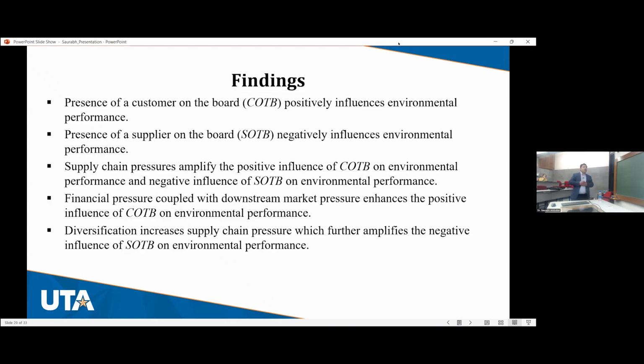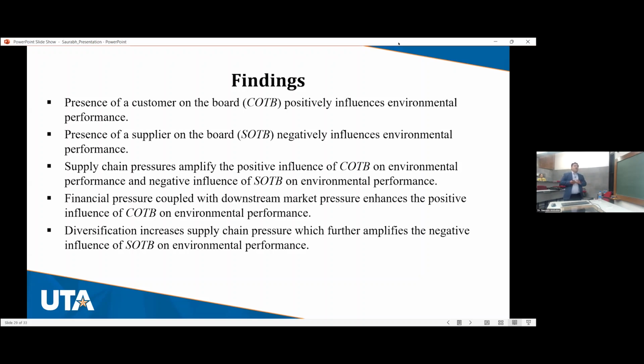So our findings from the study: the presence of a customer on the board is beneficial to environmental performance. Supplier on the board is negatively influencing environmental performance. And supply chain pressures are actually enhancing these existing behaviors or relationships, right?